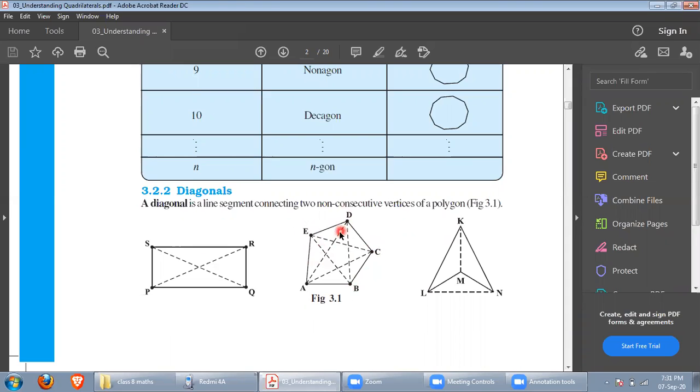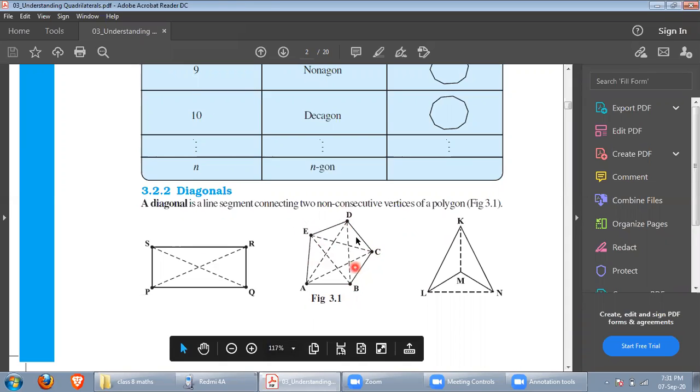So in this pentagon, D and A, and D and B are also not adjacent vertices. So we cannot just say opposite, because the opposite to D can be A or B. So just non-consecutive vertices.